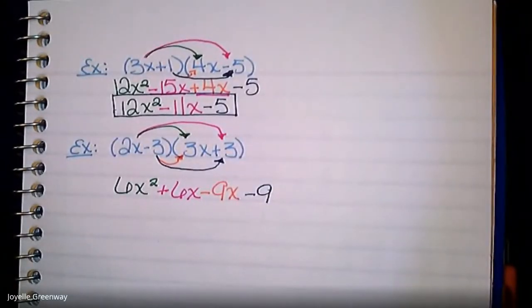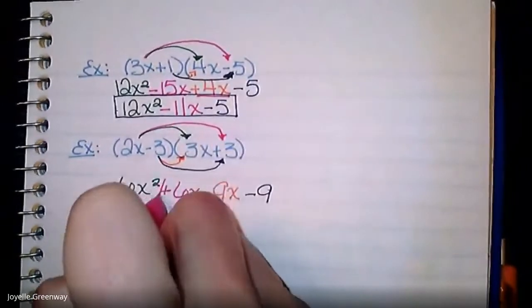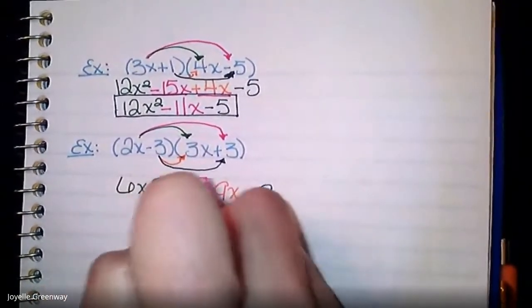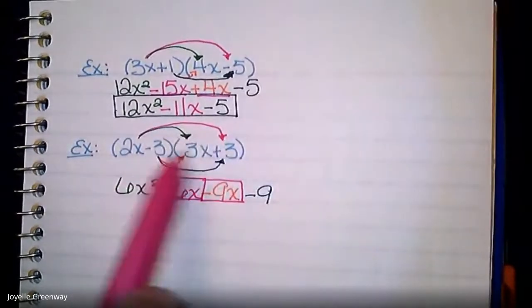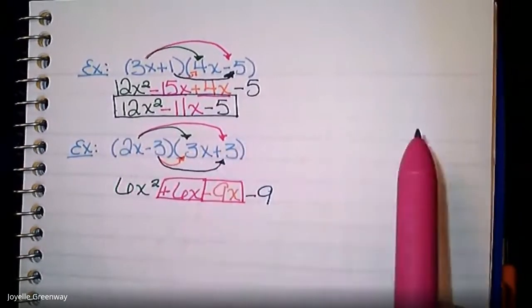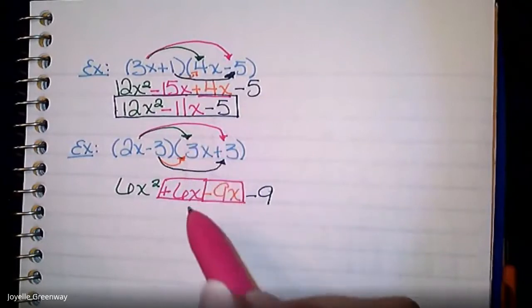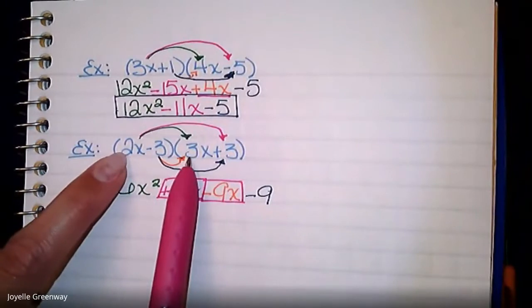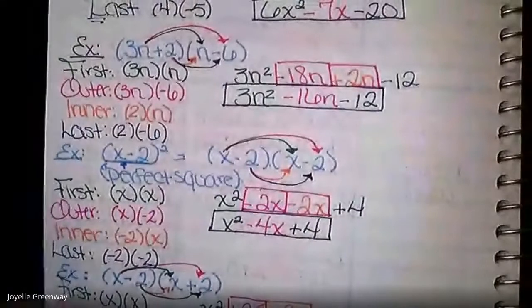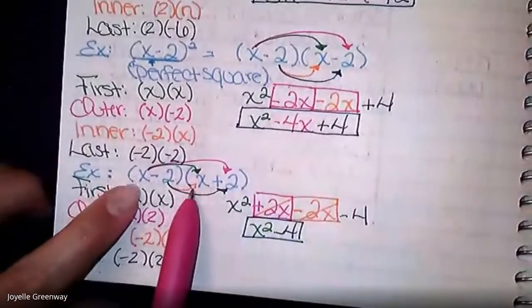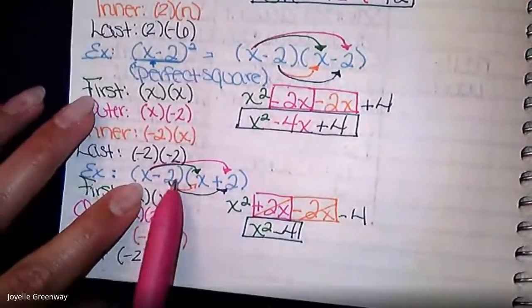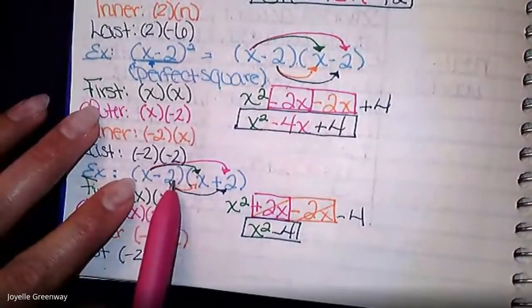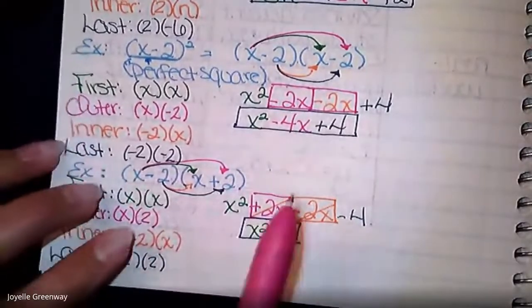If you watched the other example, I said that if the last two terms were exact opposites, you would have a binomial as your answer. If you notice, though, your first terms in each binomial are different. In order for them to truly cancel out, you need the same exact first term as well. So if you have x minus 2 and x plus 2, that is going to cancel out.